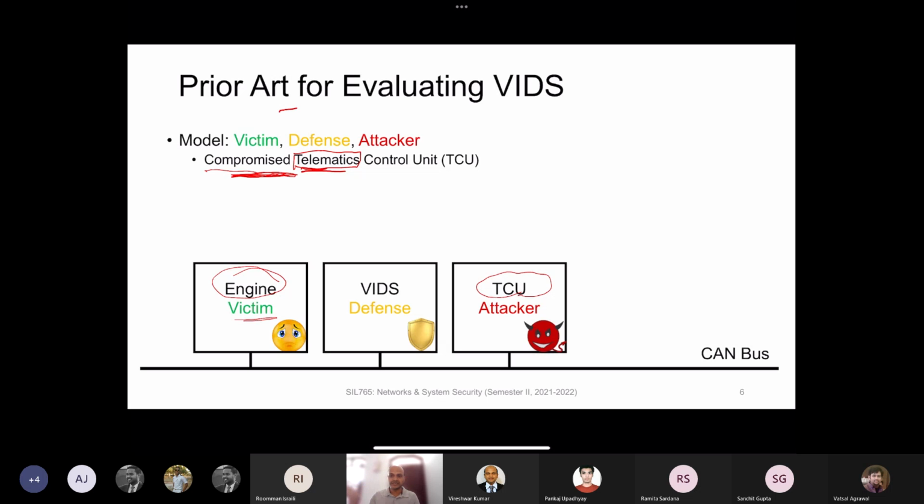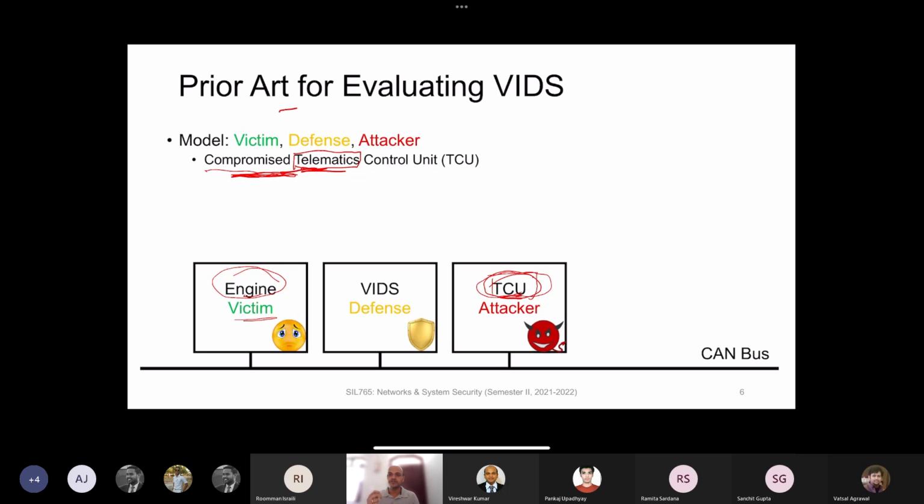So there is a remote connection available. If there is a vulnerability in Bluetooth, then that vulnerability could be exploited to compromise this telematics control unit. Once the TCU is compromised, the attacker can take control of this TCU as a bot, and then ask it to send a message corresponding to the engine, let's say, increase the engine speed.